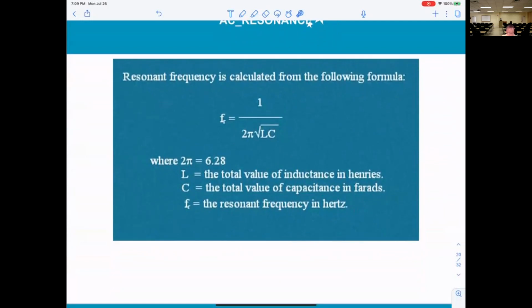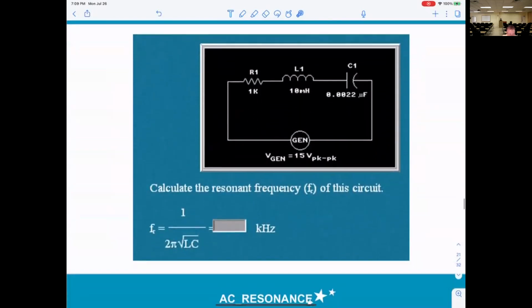And also, this is a summary again. Resonance frequency equals 1 over 2π square root of LC. 2π equals 6.28. L, inductance in Henry. C, capacitance in farad, and Fr, resonance frequency in hertz.